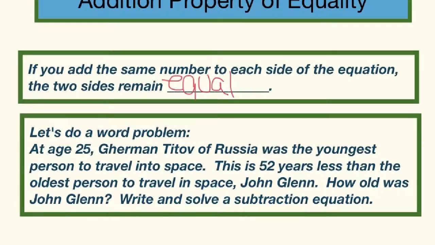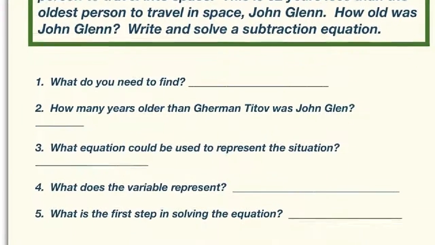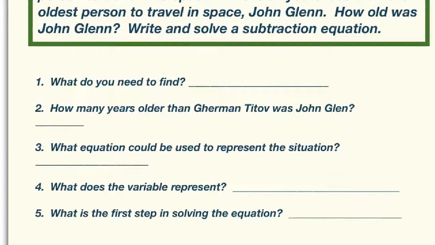It tells you to write and solve a subtraction equation, so that means it has to be a subtraction problem. What do you need to find? You need to find how old Glenn was. So you can write that down: how old John Glenn was.